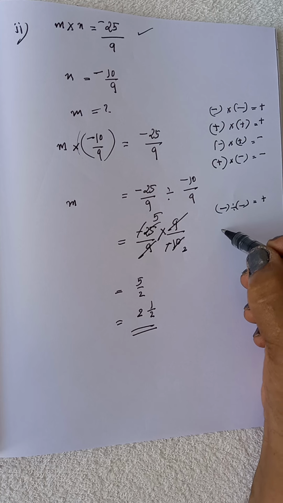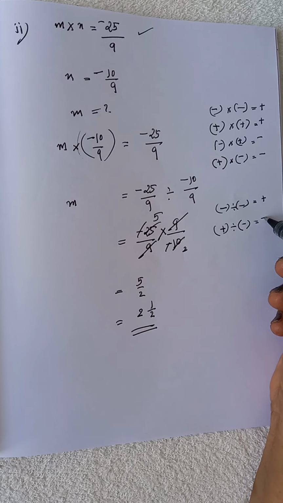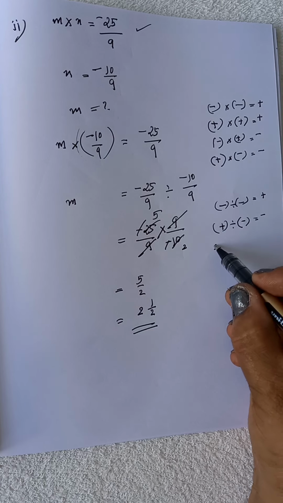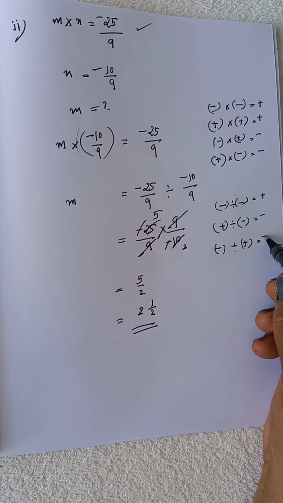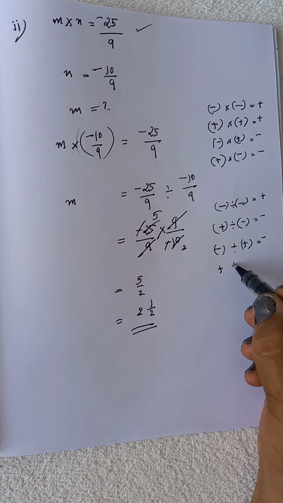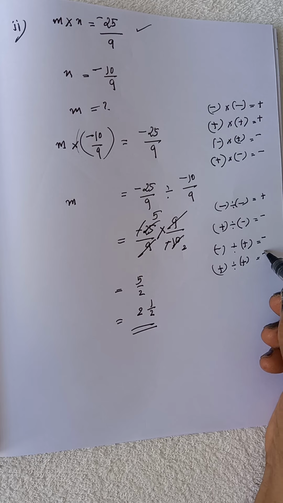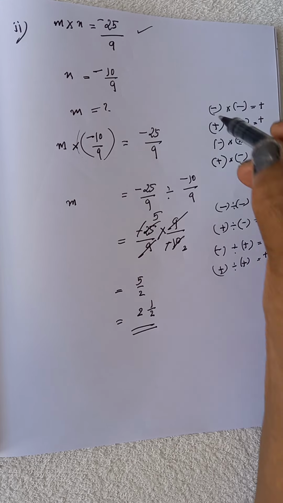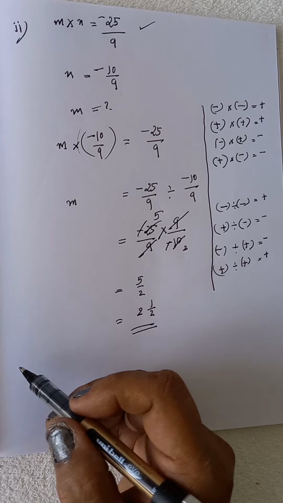Plus number divided by minus number will give you a minus number. Then again, minus number divided by plus number also will give you a minus number. Again, plus number divided by plus number, if both are plus, that will give you a plus number. So remember this. Now, let us take the next question.